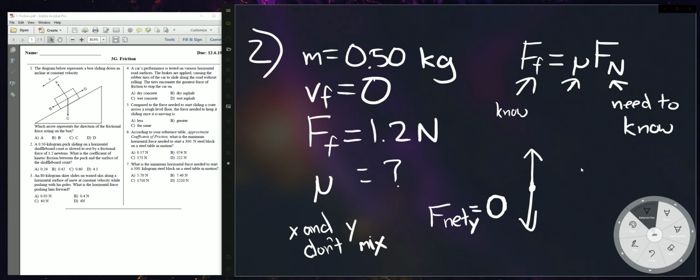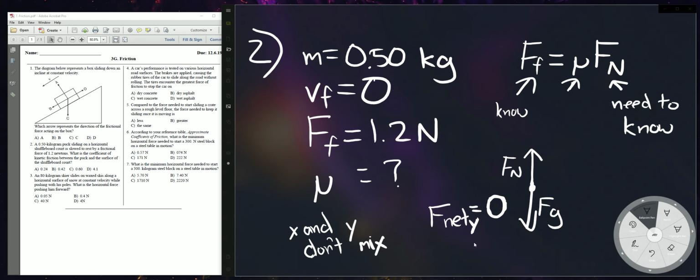So right now, I'm just solely saying that Fnet in the y direction is 0. Well, what are the forces acting in my y direction? We know Fn, and we know Fg as well.